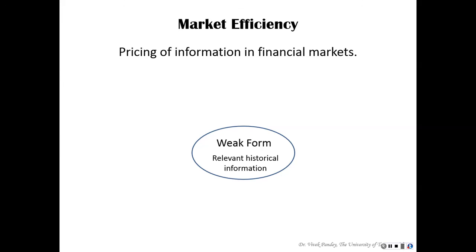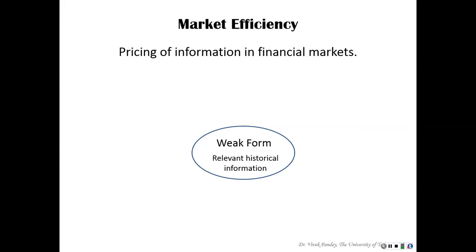In other words, if I were to find out that Exxon has found new oil reserves worth $100 billion, right, then it's a company that's worth $100 billion more. And if there are 100 billion shares outstanding for Exxon, then each share's value should go up by $1, right? And that means that is pricing of information.